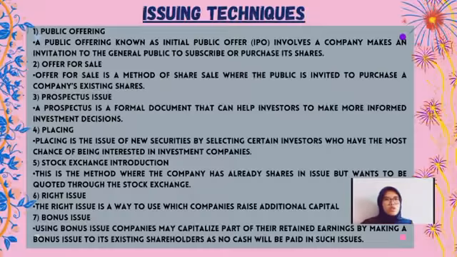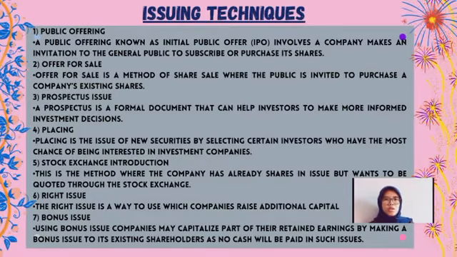Second, about issuing techniques. First, public offering. Second, offer for sale. Third, placing issue. Fourth, rights issue, and fifth, bonus issue. Now, the public offer is where a company makes invitations to the general public to subscribe or purchase shares.